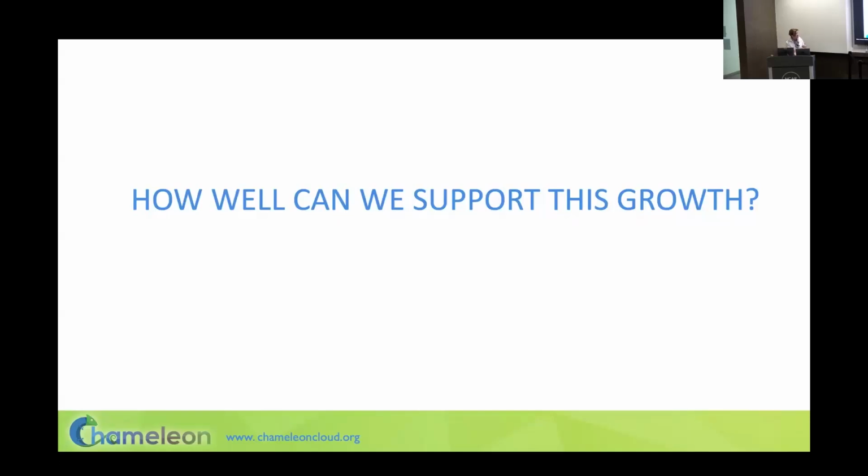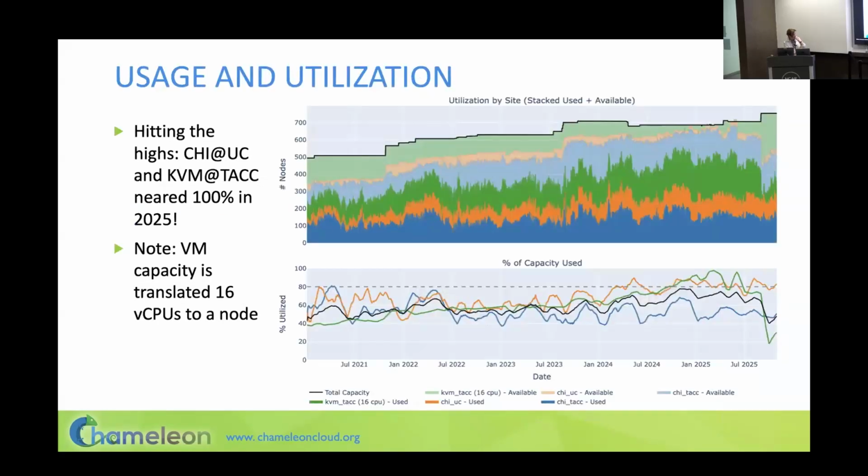How well can we support Chameleon growth? So in other words, a quick look at the usage of Chameleon. In the top graph you see usage, in the bottom graph you see utilization. The interesting thing to note here is that at the UChicago site and at KVM, utilization touches 100%.